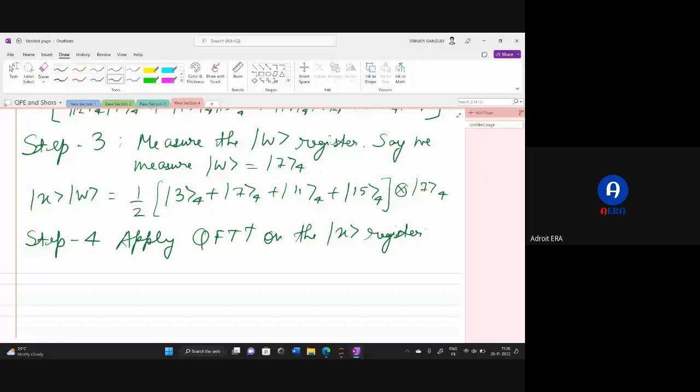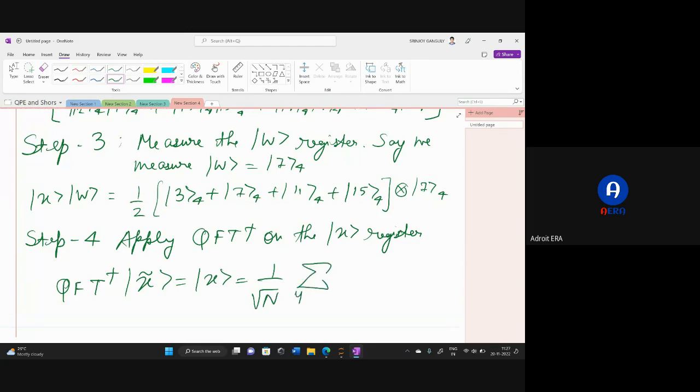So what is the formula of QFT dagger? You have already studied this, but I am going to mention it, since we are going to use it now. It converts x tilde, which is the Fourier basis, to the computational basis. That means it will convert to ket x, right? And what will be the formula? 1 by under root n, summation y is equal to 0 to n minus 1, right?